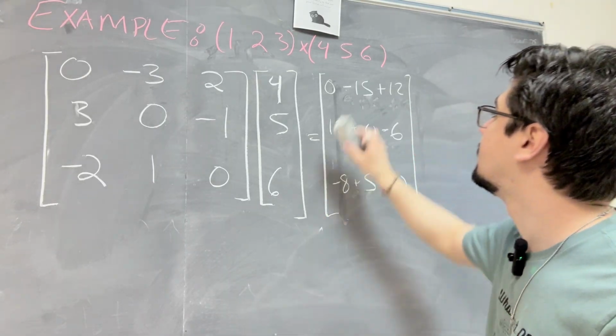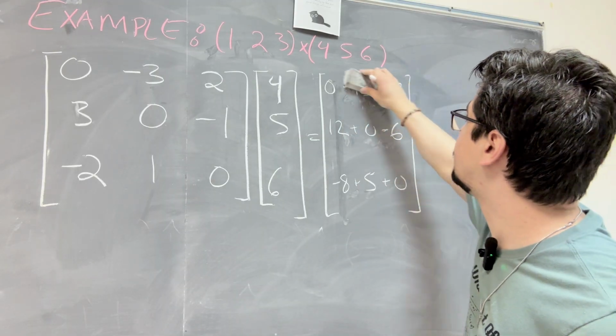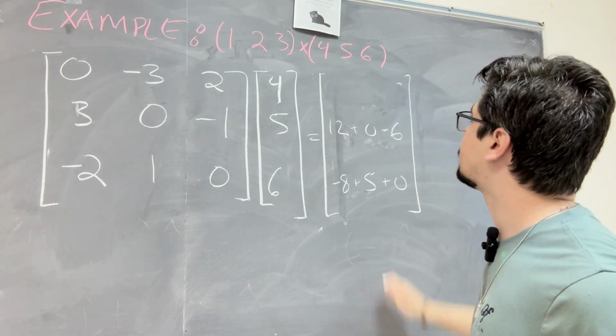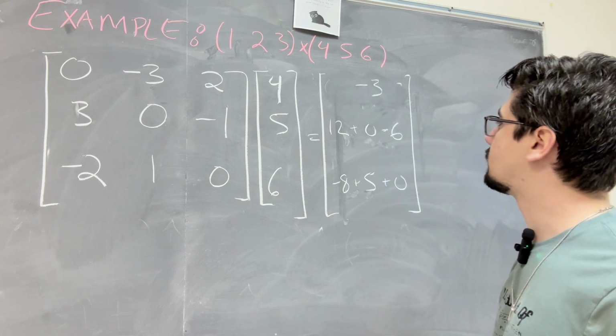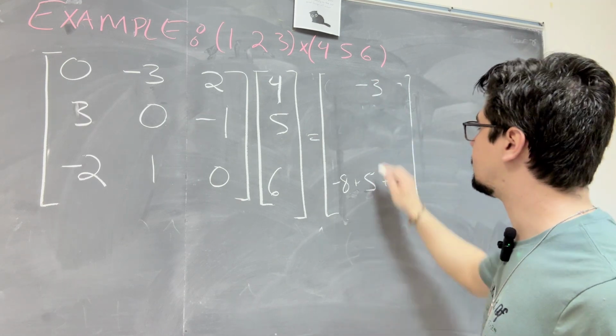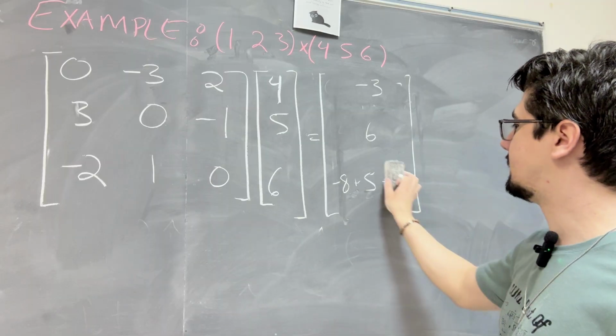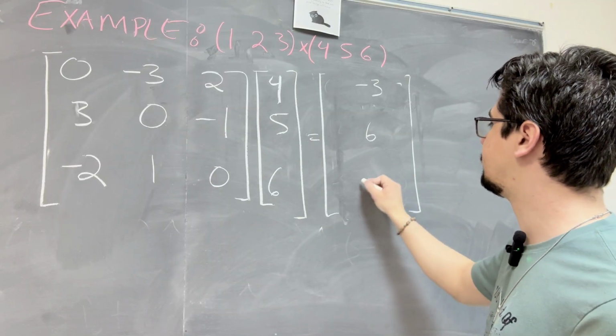So negative 15 plus 12 is negative 3, 12 minus 6 is 6, and negative 8 plus 5 is negative 3.